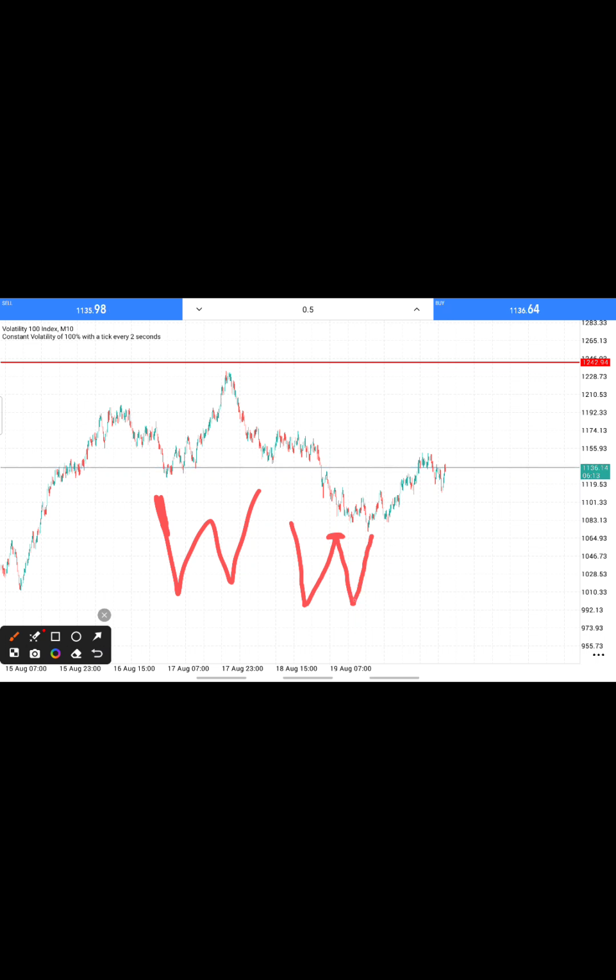Now the market will tend to do what? Go up, take out this zone that you have here, and then go for this particular zone here and then start to push down. So this particular place becomes liquidity. So that is for the W. That is for the sell, if you are looking for sell.